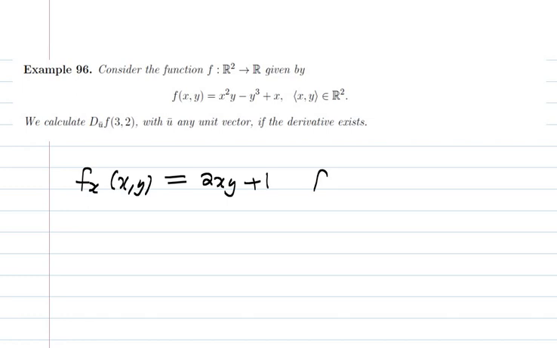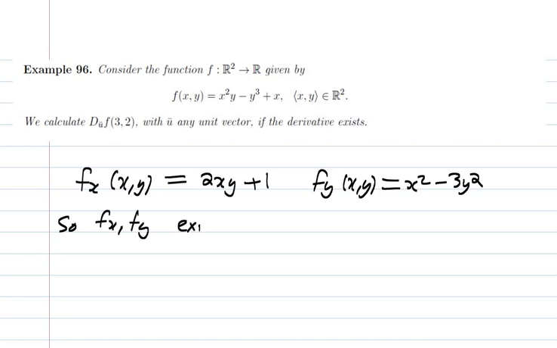Likewise, f partial y exists: differentiate the first term with respect to y, we get x squared. If we differentiate the second term with respect to y, we get minus 3y squared. So f partial x and f partial y exist on R2, and f partial x, f partial y are continuous on R2.